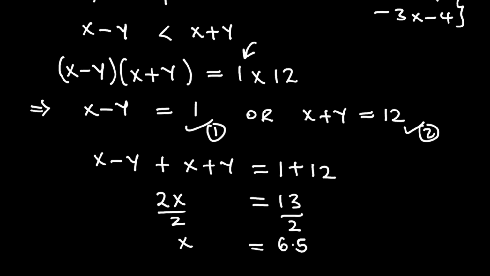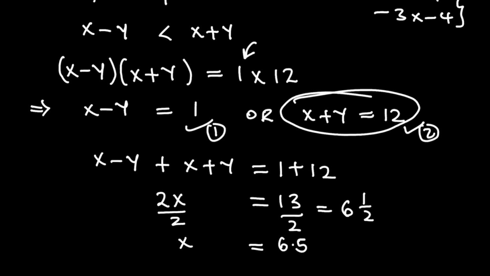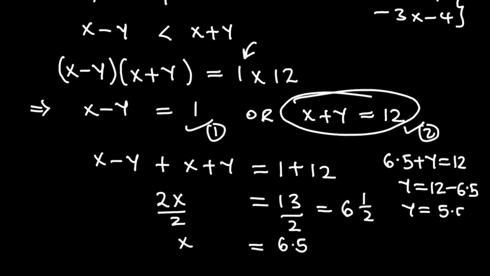So we say 6 whole number 1 over 2. Now let's put in the value 6.5 into equation 2 here to get the corresponding value for y. So it means 6.5 plus y is 12, and then y is going to be 12 minus 6.5. Y is equal to 5.5. Or we say y is equal to 5 whole number 1 over 2.